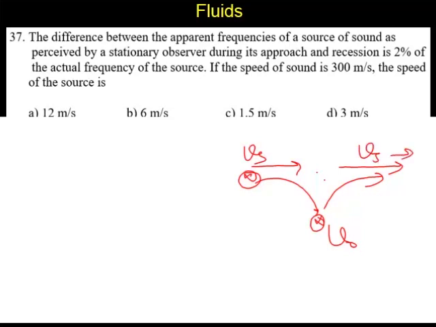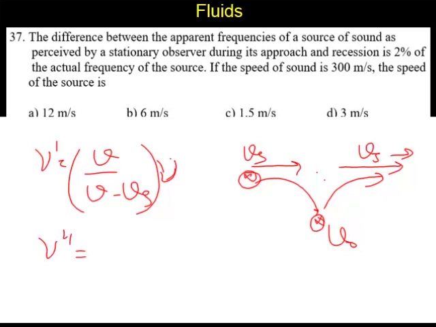So when the source is coming toward the observer, the apparent frequency is V by V minus Vs into nu. When it is receding, the apparent frequency is given by V by V plus Vs into nu. So what is the difference between these two frequencies?